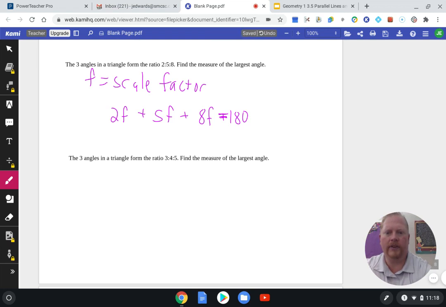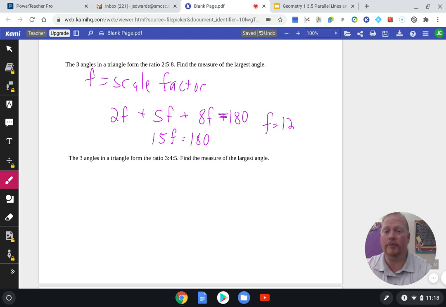So then 2 plus 5 plus 8, that gives me 15F equals 180. Divide both sides by 15, and I think we're going to get 12. So that means our scale factor is 12.